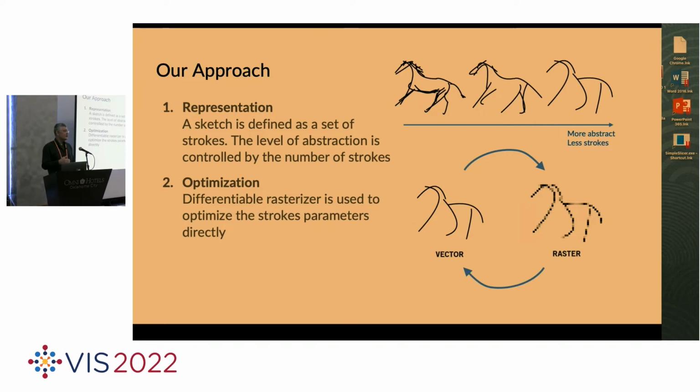And we're not just using a simple rasterizer, we're using what is called a differentiable rasterizer, because we want to then change the positions of the strokes, and that means that we're using gradient descent from the difference between the two images. And I'm going to go into details in a minute. And the last component that we were using is really the clip-based loss. So the loss that we're using is based on a pre-trained network, which is called CLIP.